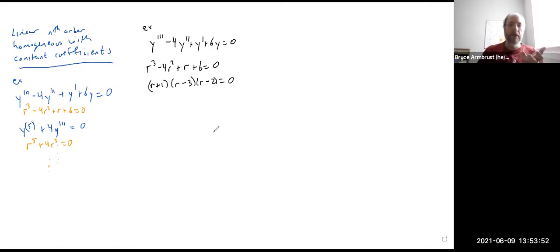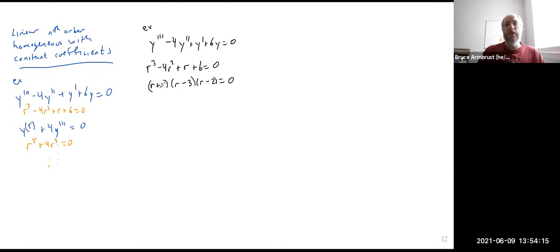I don't know if you remember some of your tricks for these, but one that's really handy is to plug in nice numbers for r and see if you can get zeros. Nice numbers to try are things that divide evenly into the constant. So in this case, 1, 2, 3, and 6, and the negatives, of course.